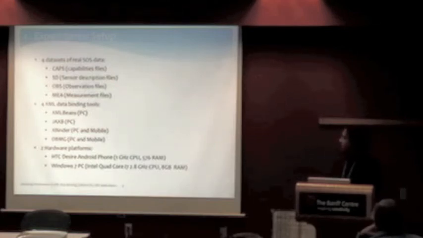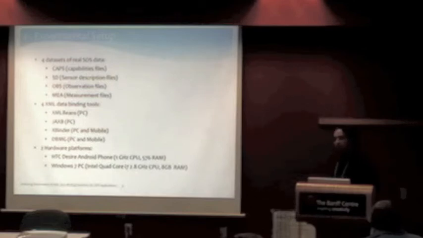We have a dataset for capabilities files, another for sensor descriptions, and 2 others for observations and measurements files. We use 4 data binding tools. All of them were capable of generating code that could be executed on PCs, and 2 of them generate code for mobile. And we use 2 hardware platforms, an HTC Desire Android phone and a Windows 7 PC.